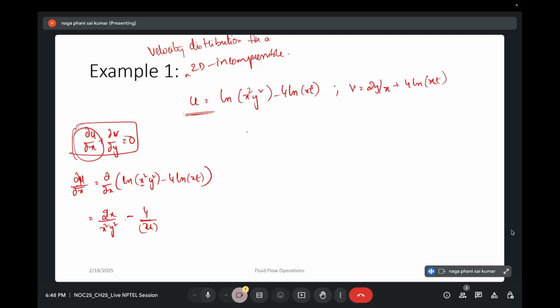And for v, it will be 2y by x plus 4 ln xt. So this is going to give us 2 by x plus, well, this is going to be 0. This is going to be 2 by x. Okay. Yes or no?